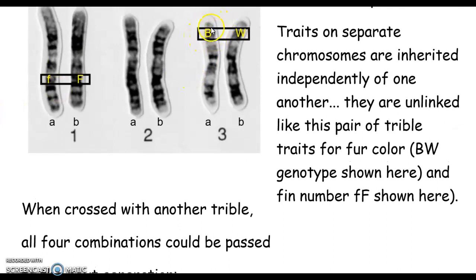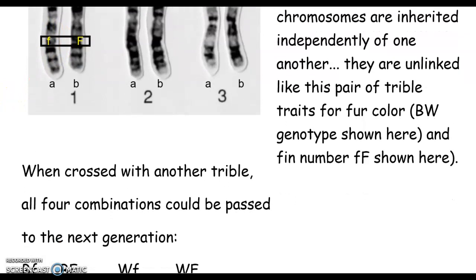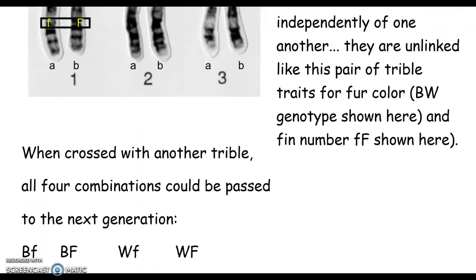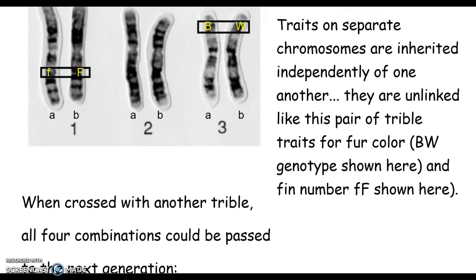Maybe for one particular offspring they get chromosome 3A, and so they wind up with big B, but they get 1A, and so they get little f as a pair from this parent. So that could be big B and little f. All 3 other combinations are possible, right?